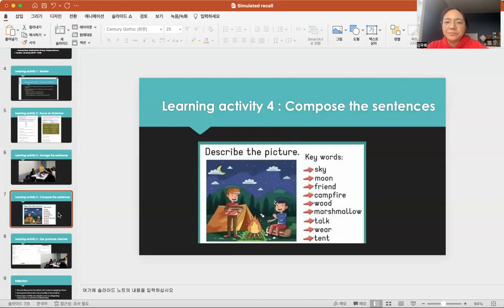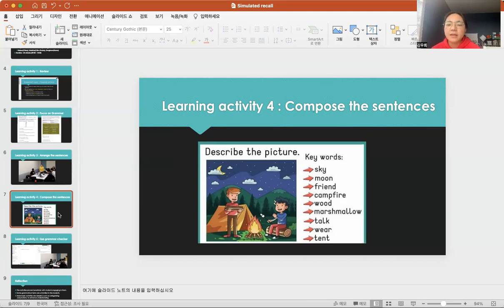Next, I wanted students to compose sentences by themselves in a Word file on the laptop. To compose the sentences, I gave them a picture to describe, which is a scaffolding, and I also gave some keywords to have a clear expression to describe the picture.